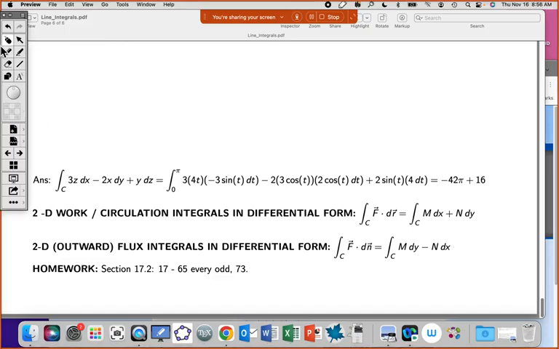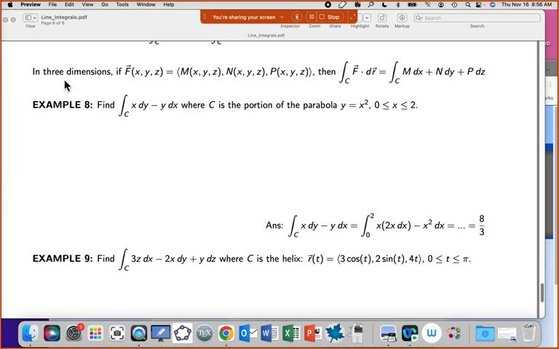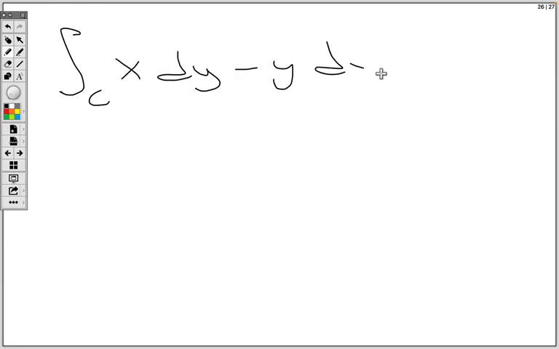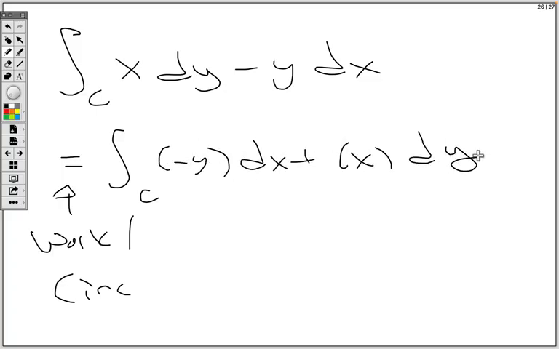So that first integral we did, if we look at this first integral here, you can interpret this a couple different ways. If we look at x dy minus y dx, if I want to think of this as a work or circulation integral, I would write it with the dx first. So I'd have a minus y dx plus x dy.